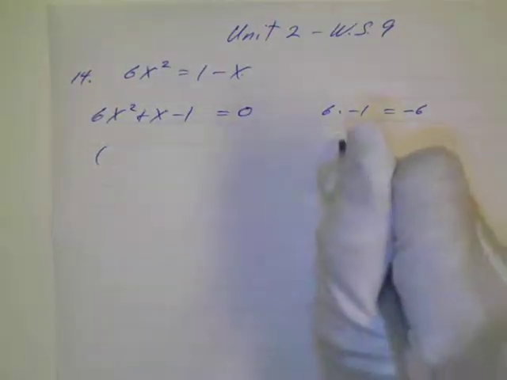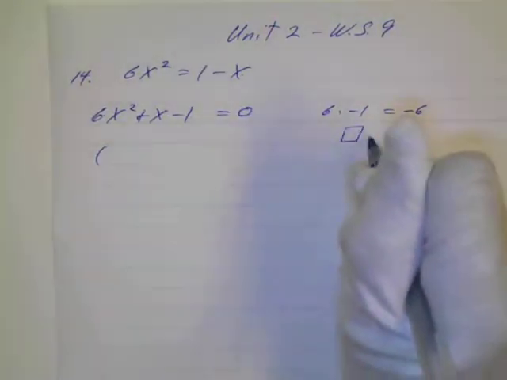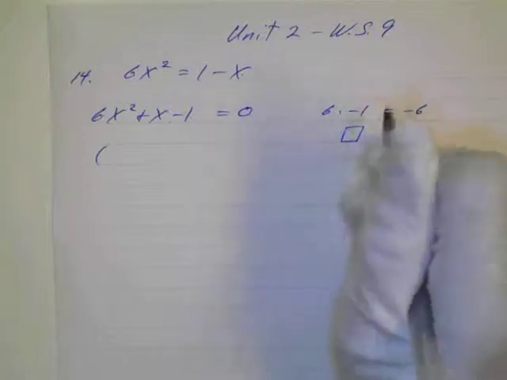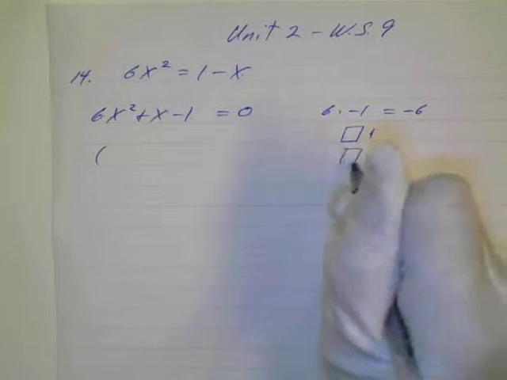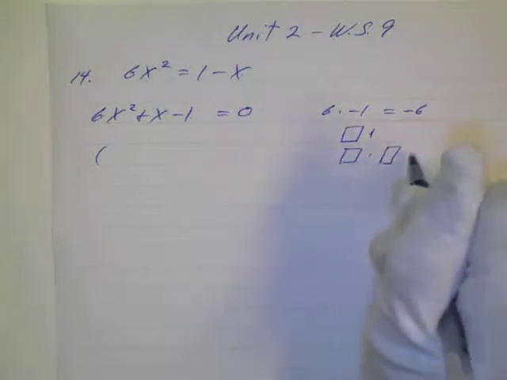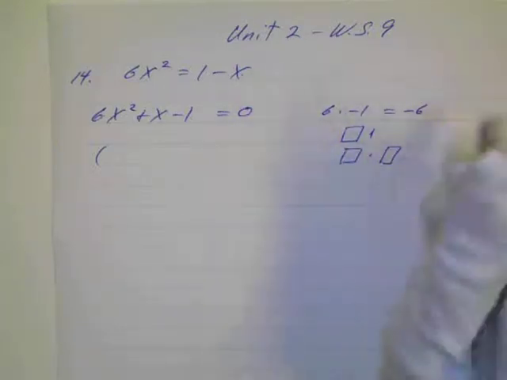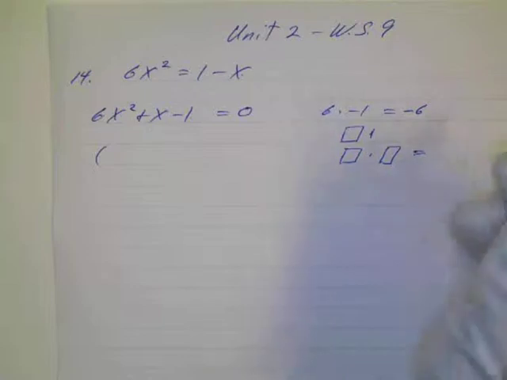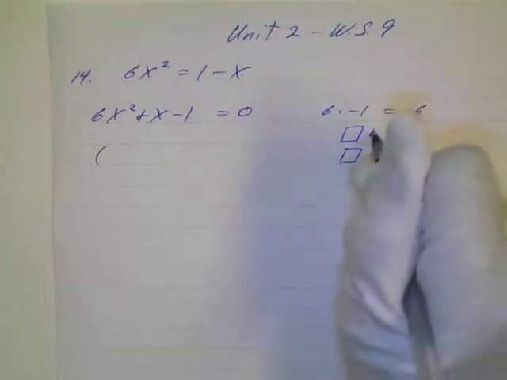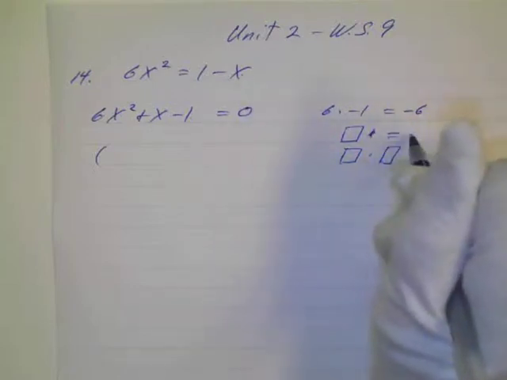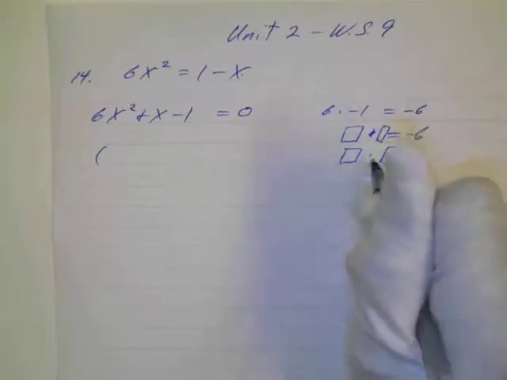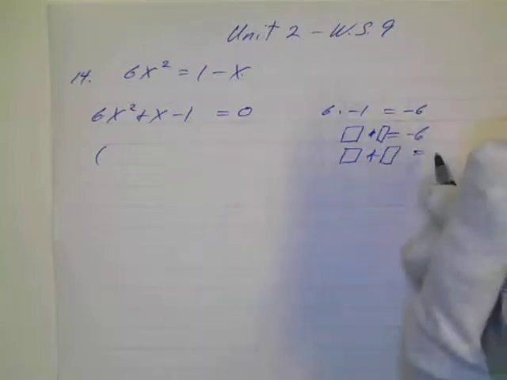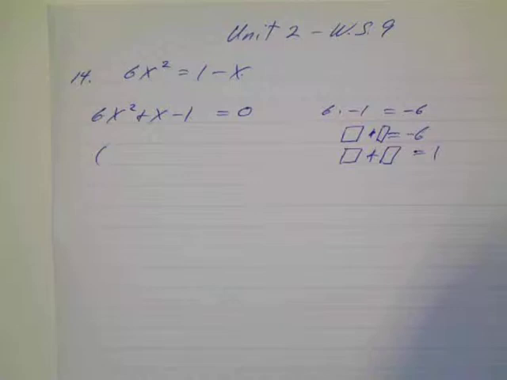So I'm looking for two numbers that multiply to give negative 6, and they have to add up to be 1.